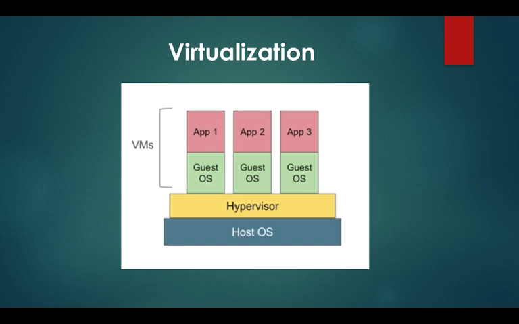Also, in case of virtual machines, we need to allocate a fixed amount of memory, as well as space and other resources, to each and every component. It does not change, it is fixed. So this leads to the wastage of a lot of storage on our system.